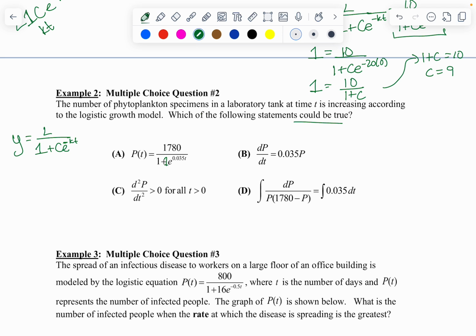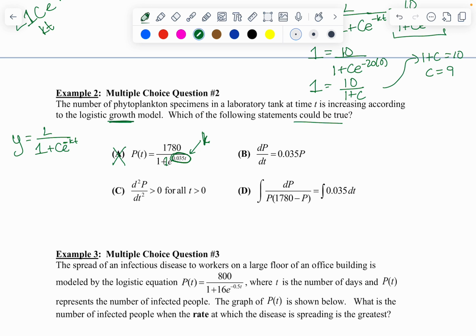I mean, one could be C, so it's not because of the C, but this form right here, K, because the exponent in the denominator is positive. And if it is a logistic growth model and T, as time is increasing, a logistic growth model, K has to be a negative value, or the exponent has to be a negative. So that's not going to be it.